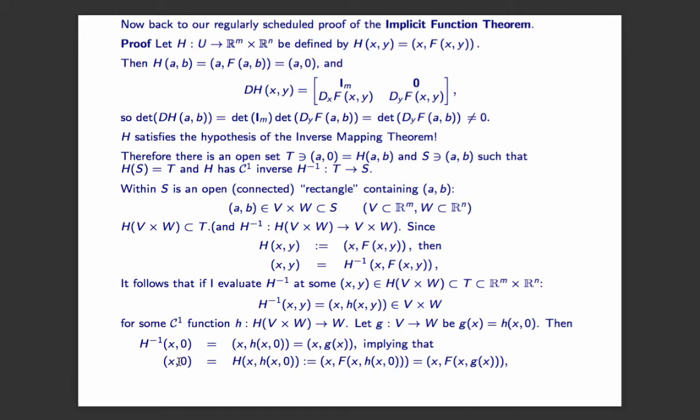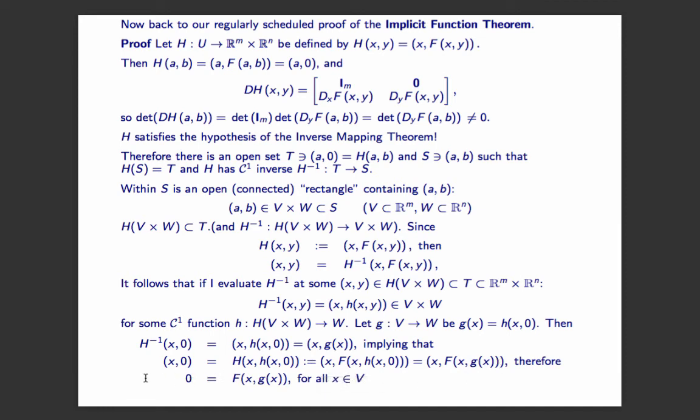So now let's look at the left and right ends of my expression. I have an ordered pair and an ordered pair. The first entry, x and x, they're equal. Good. The second entry has to be equal if the ordered pairs are equal. So 0 equals f of (x, G(x)).